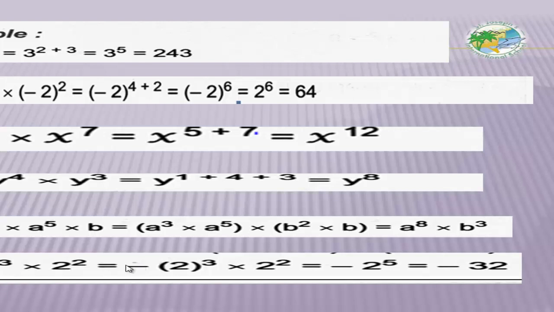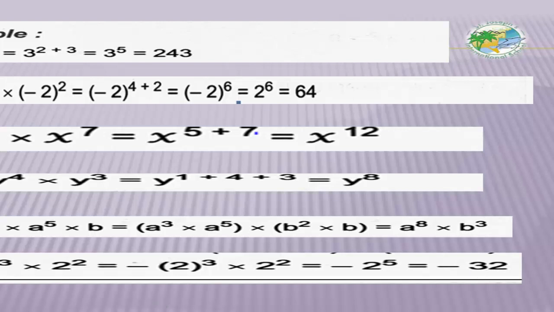So it equals negative, 2 power 3 times 2 power 2, with the negative outside. So we changed it into the same base. Here it became the same base because the negative is outside. Then it is the same base, so we write 2, and 3 plus 2 equals 5. The negative outside, so equals negative 32. This is the final answer.